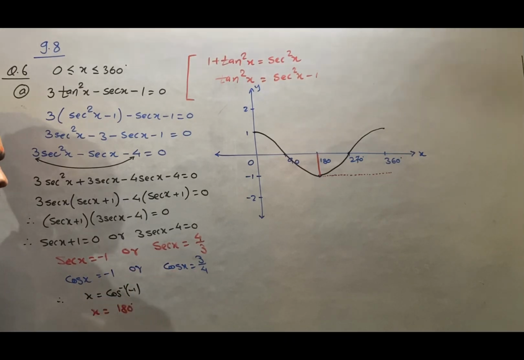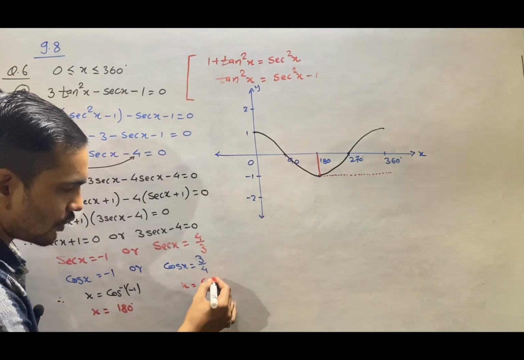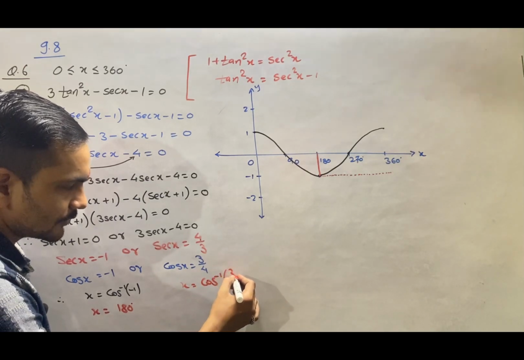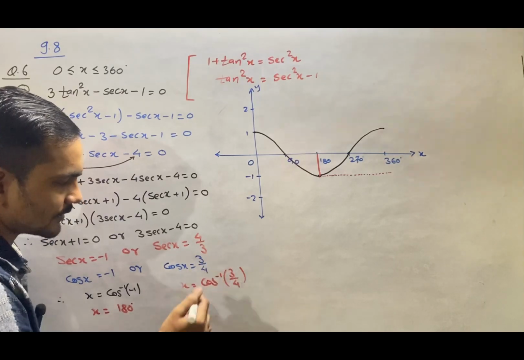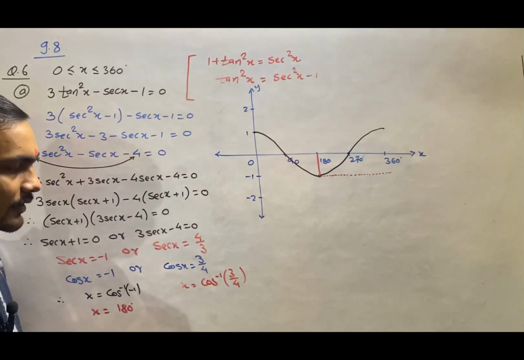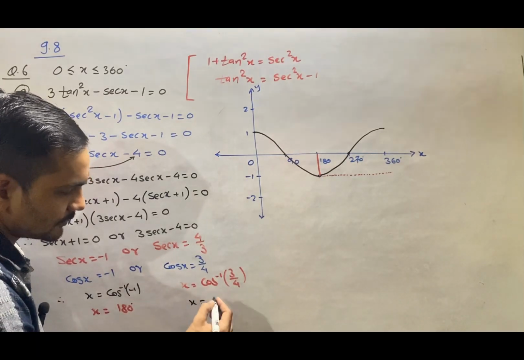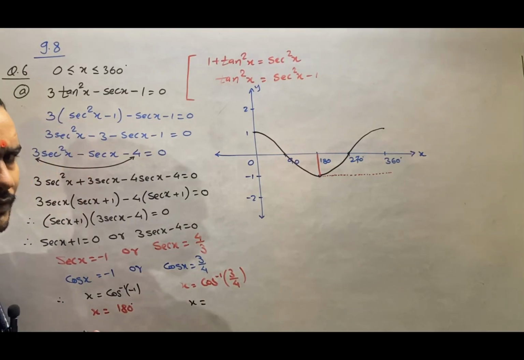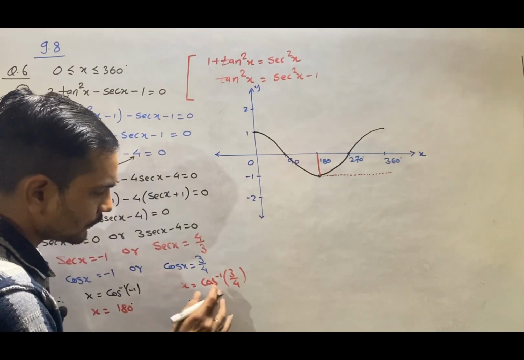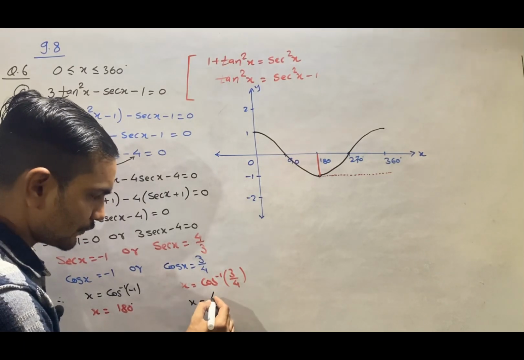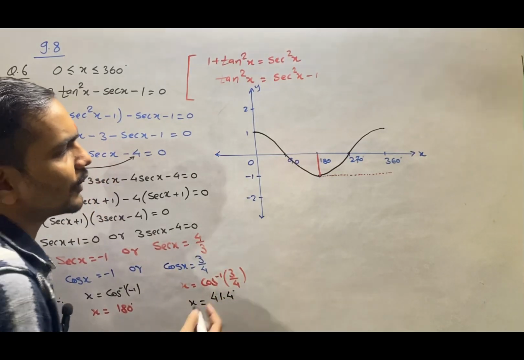Now let's solve for this x. So here x equals cos inverse of 3 over 4. What is the value of x now? 41.4 degrees.